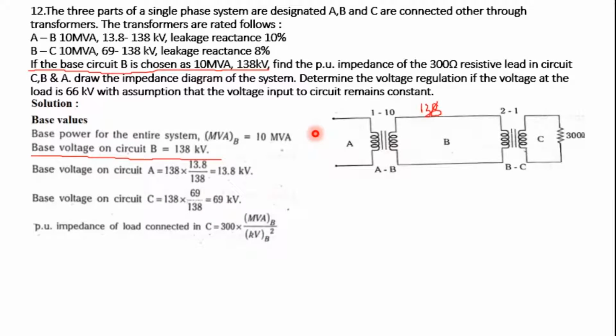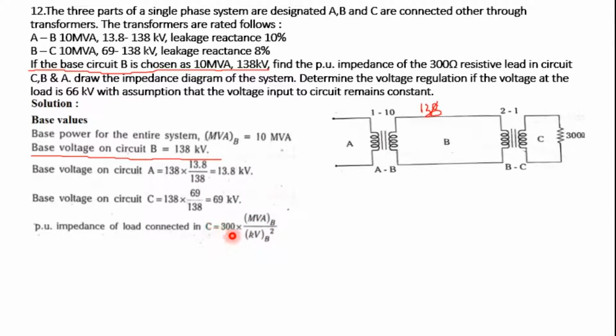Okay, so we need to calculate the per unit impedance of the load, because it is given in ohms. The per unit value is equal to the reactance in ohms into MVA base divided by kV base squared.